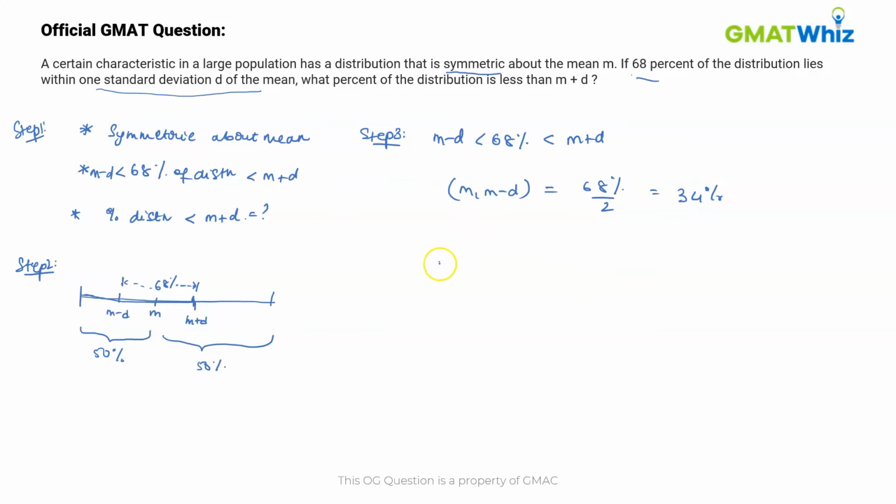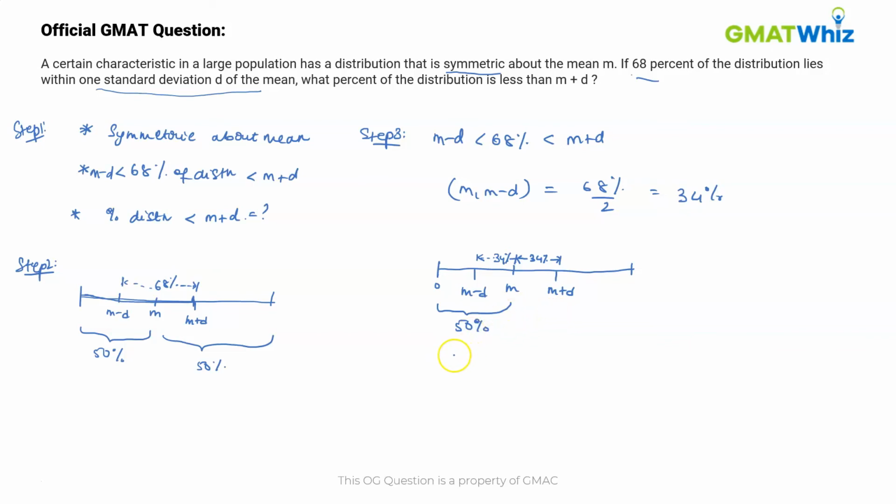So if I redraw the distribution again with the required values, we have m here, m plus d and m minus d. This part comprises 34% of the distribution, and this part also comprises 34% of the distribution. And since the distribution is symmetric, the part from 0 to the mean comprises 50%.